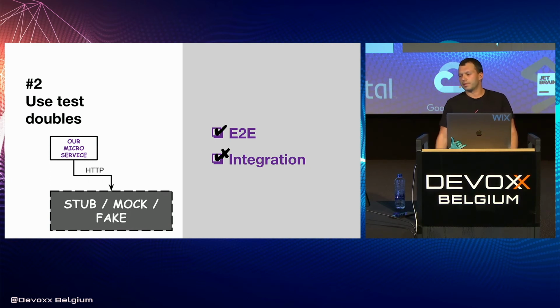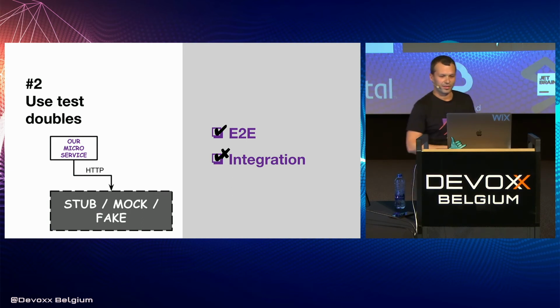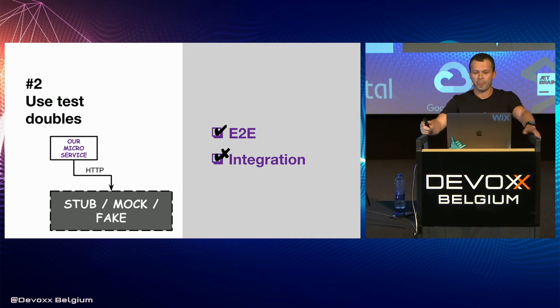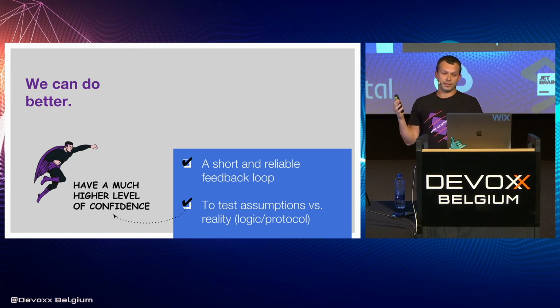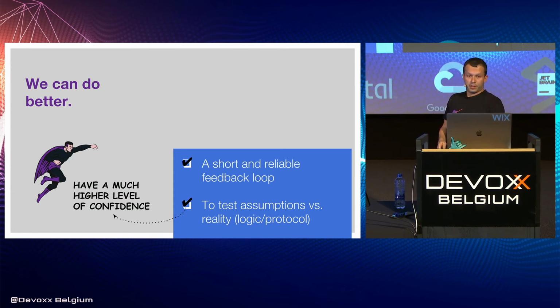You know, there is this famous developer saying, it works on my machine, right? But we want it to work in production. So we thought that we need to find something better. We wanted a higher level of confidence. So let's see how we do it.